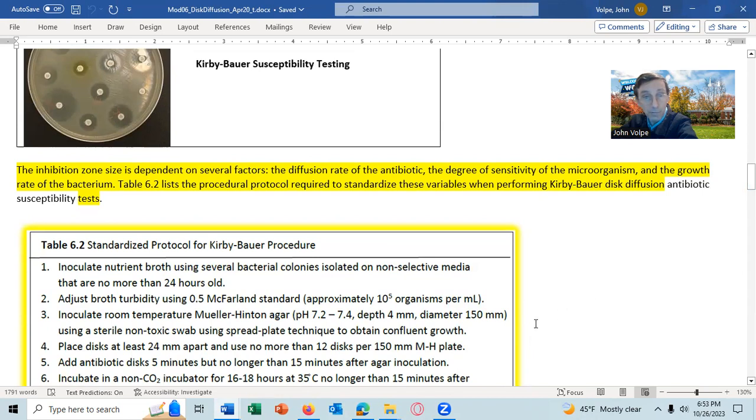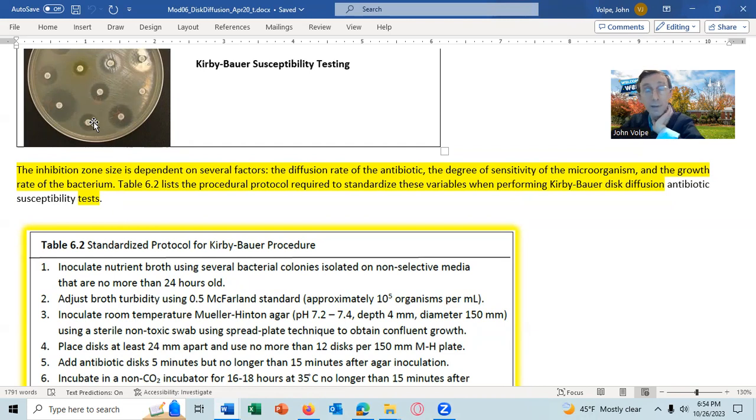No more than 12 discs on the plate. And you put the antibiotic disc on 5 minutes after you put the bacteria on, and not longer than 15 minutes after putting the bacteria on.